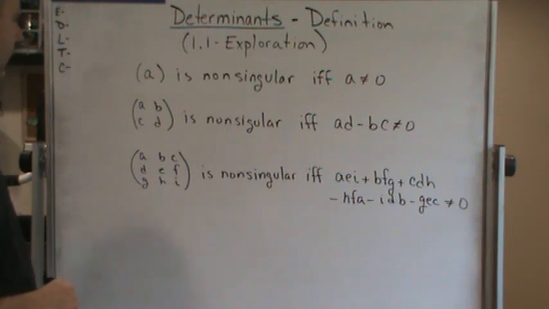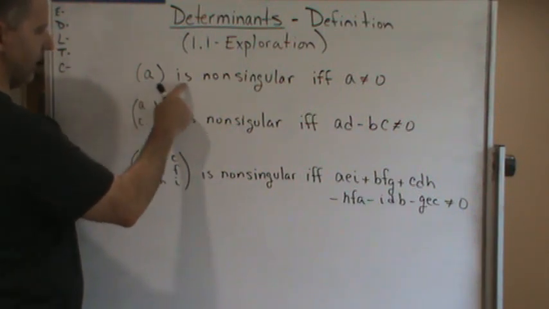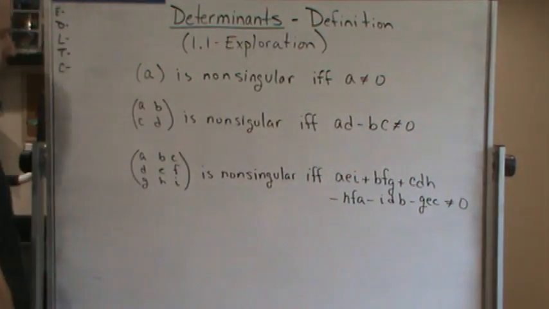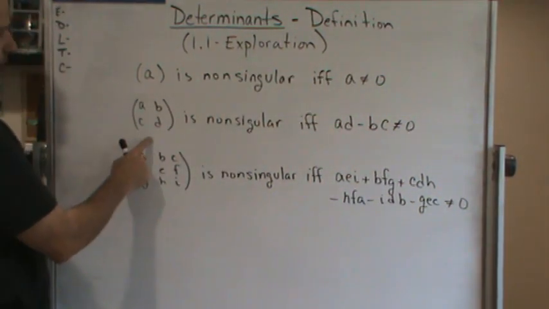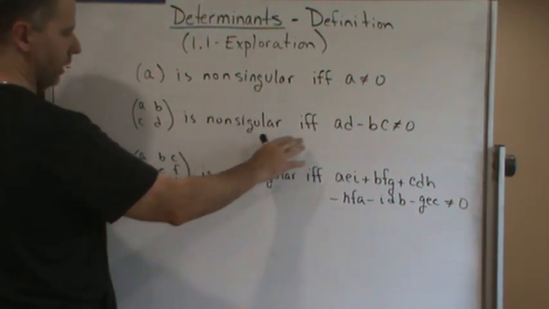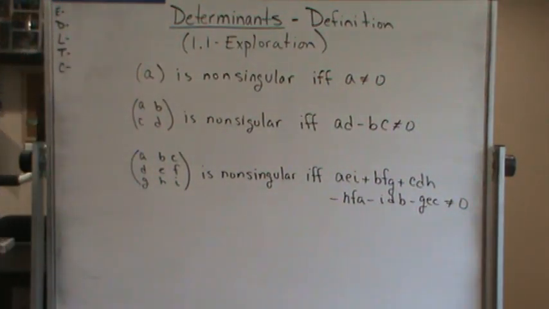Okay, so one of the things is, if you notice for the 1 by 1 case, it says A is non-singular if and only if A is not equal to 0. And then of course we've seen this one too, for the 2 by 2 matrix, it is non-singular if and only if this difference is not equal to 0.